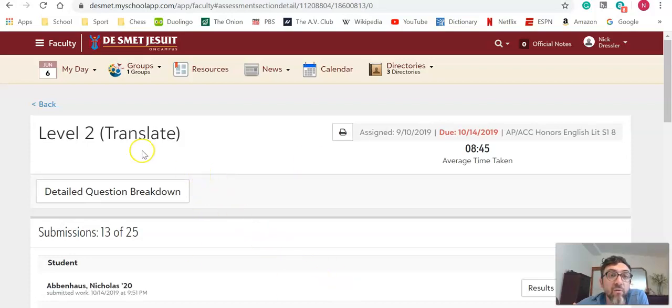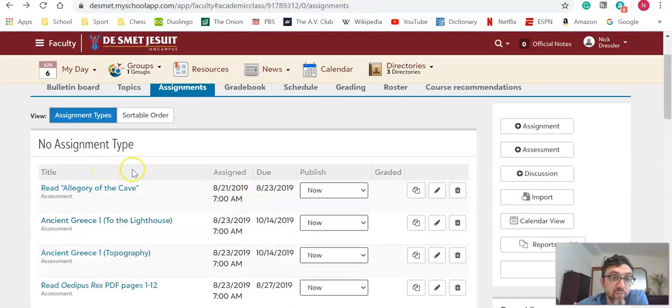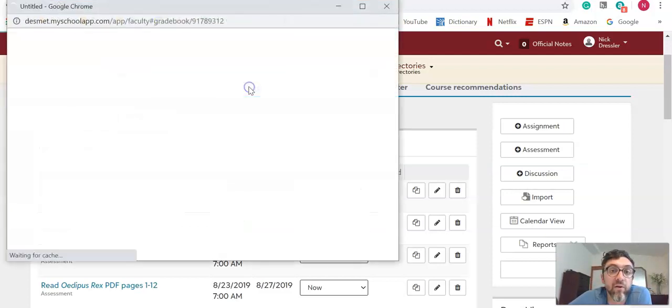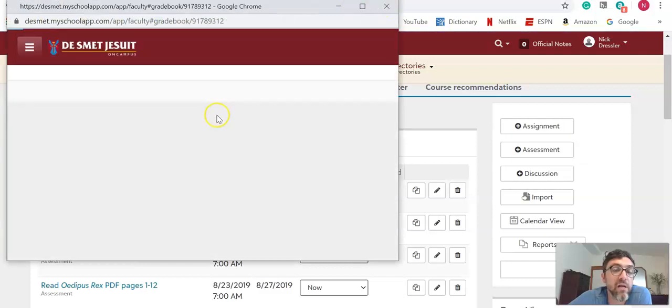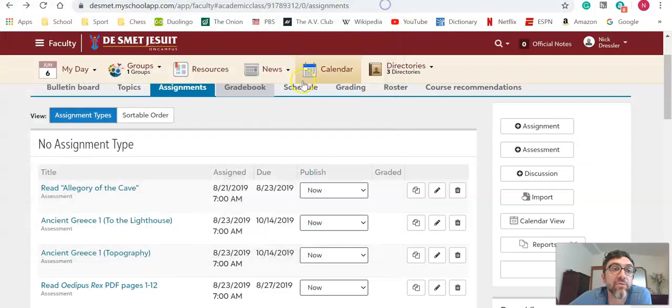But it is all, like I said, very well integrated and really easy, particularly if you grade something on campus, for that just to show up in the gradebook. And there are all sorts of options in the gradebook as well, with how you want to grade things, how you would like things to show up, how you want to weight different activities, etc.